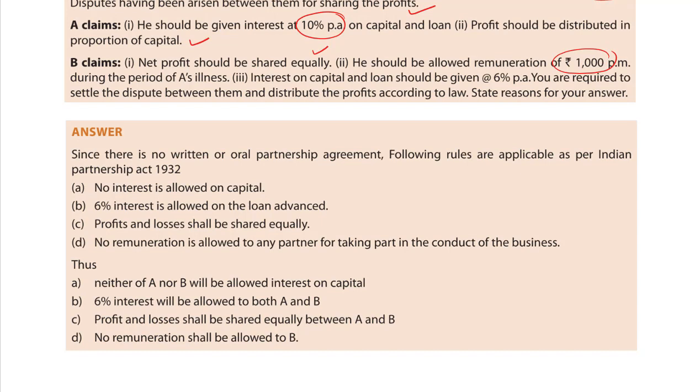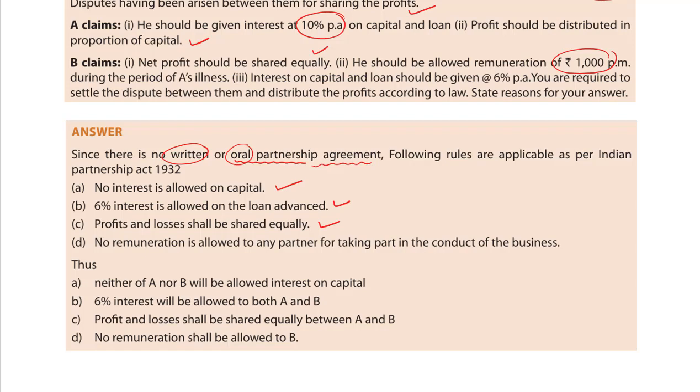Answer. Since there is no partnership agreement, neither written nor oral, the following rules are applicable as per the Indian Partnership Act 1932. No interest is to be allowed on capital. 6% interest is to be allowed on loan advanced. Profits and losses should be shared equally.